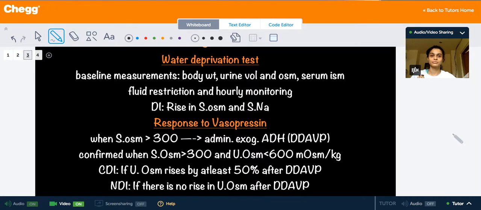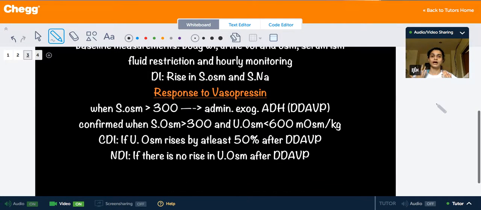So the higher the osmolarity, the more concentrated a solution is. The lower the osmolarity, the more watery it is. So in DI, you're going to have a more watery urine, so less than 600 osmolarity. And you're going to have a very concentrated serum, so more than 300 osmolarity, because 300 is about the normal range of your serum osmolarity.